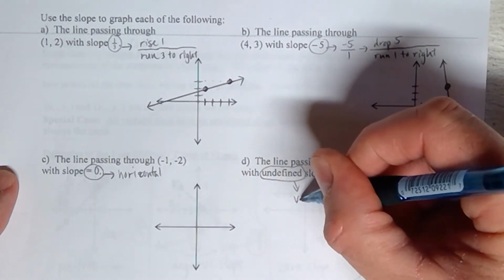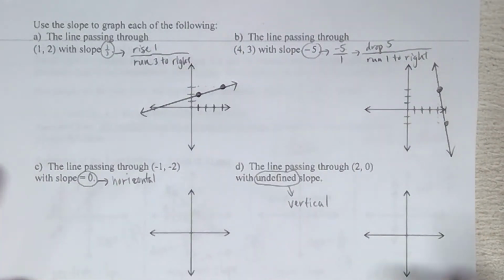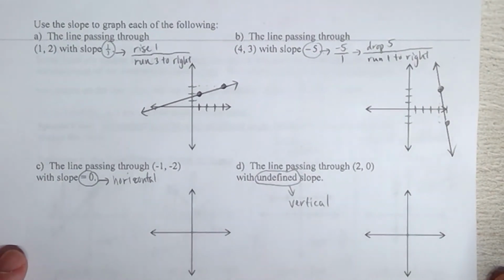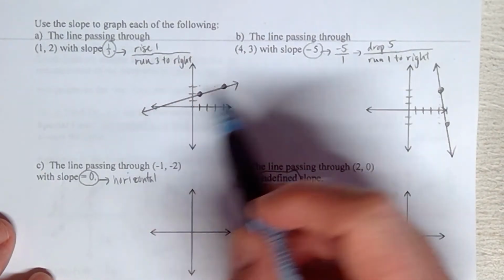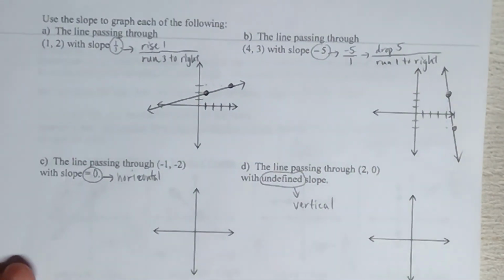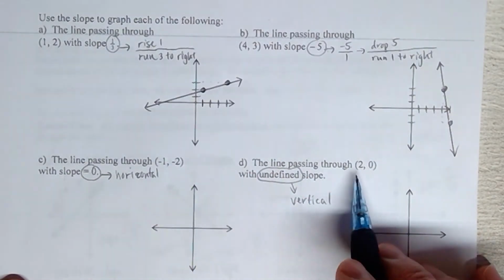That means it's automatically vertical. When you already know that you have a horizontal or vertical line, you guys, you don't need 2 points. Any other type of line, any diagonal line, you're going to need 2 points normally. But a horizontal or vertical line, you only need 1 point, which they give you already here.